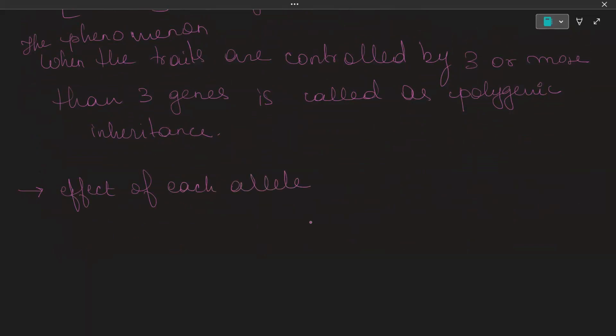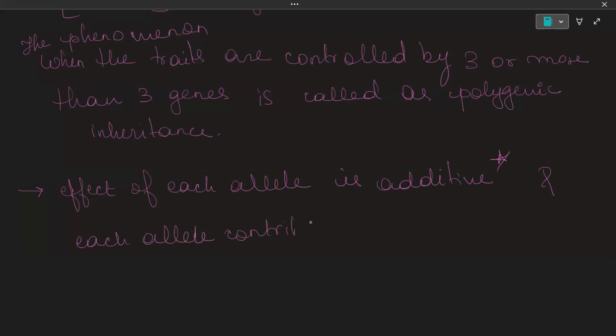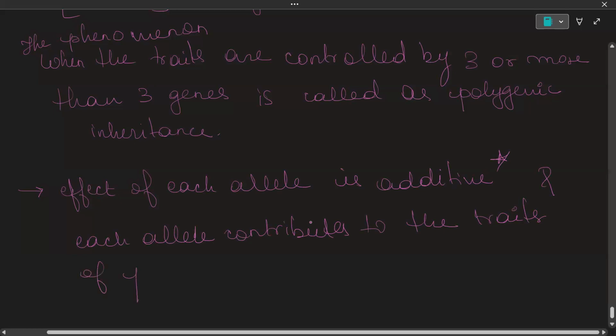So the effect of each allele is additive. This is important to remember. This particular line: it is additive and each allele contributes to the trait or phenotype. So this is your polygenic inheritance.